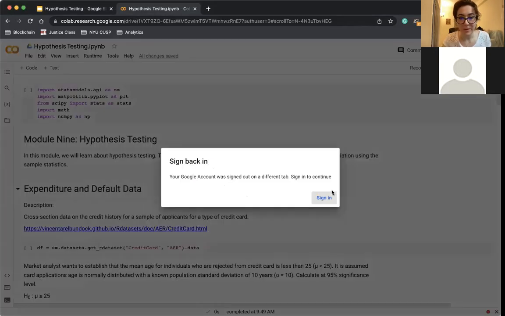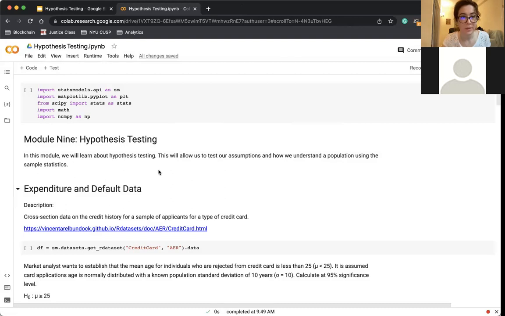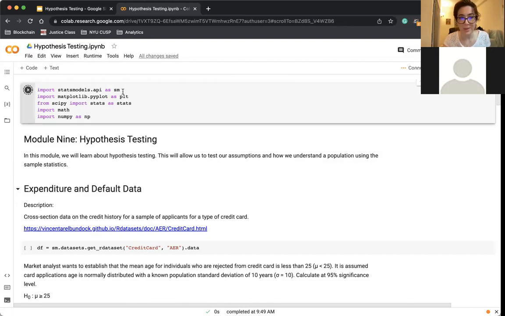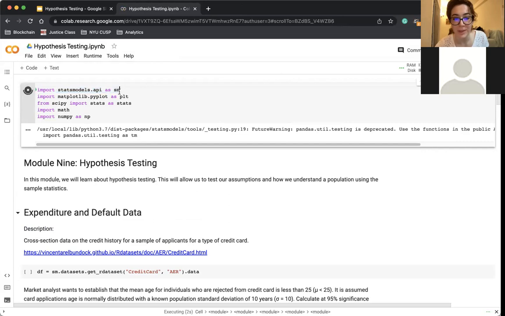Let me open that up. So here is the demo we have. I will load in my packages. I wanted to bring this up because this statsmodels package is important for importing new data. If anyone is interested in using the case study, I would recommend checking out all the different data sets that this package provides.